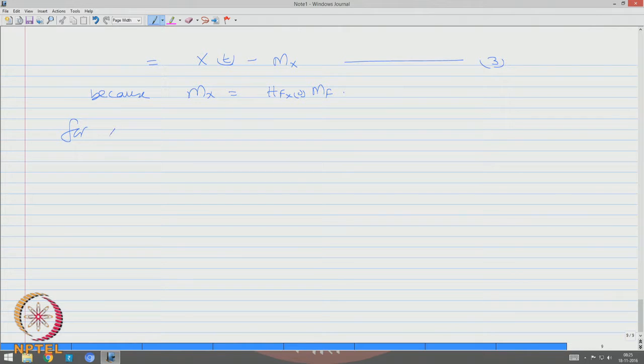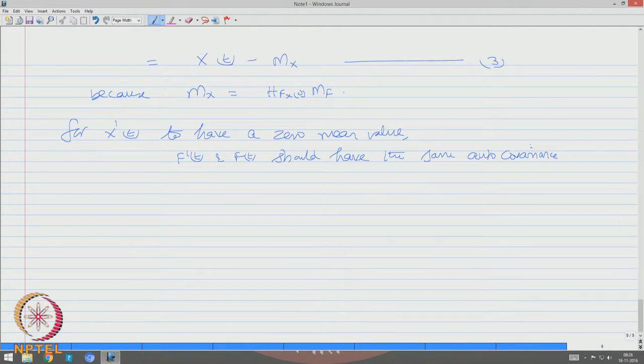Now, for x dash of t to have a 0 mean value, f dash of t and f of t should have the same autocovariance, because that is a statistical condition required to fulfill this requirement.